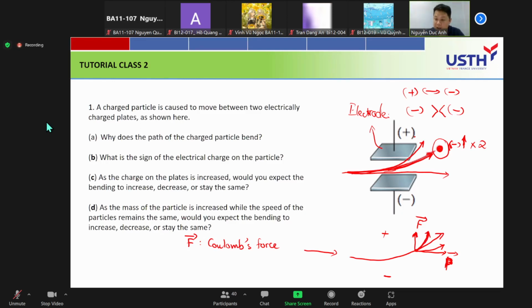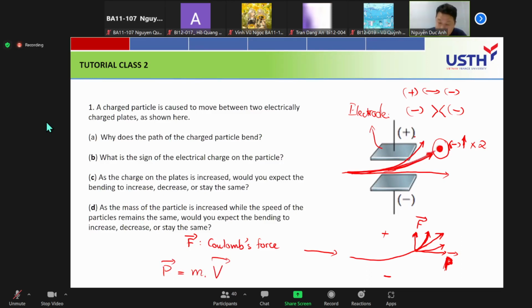Okay, so now let's consider you are increasing the charge, but you still want to keep this angle the same. It means that you have to increase the linear momentum too, right? The linear momentum P is normally calculated by mass multiplied by the vector of the velocity.